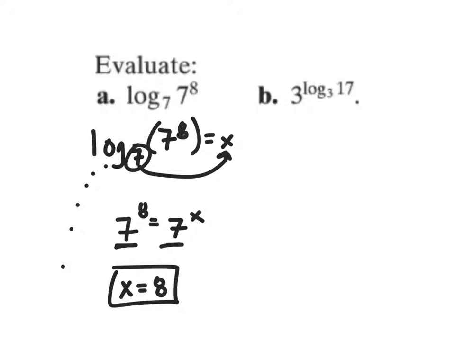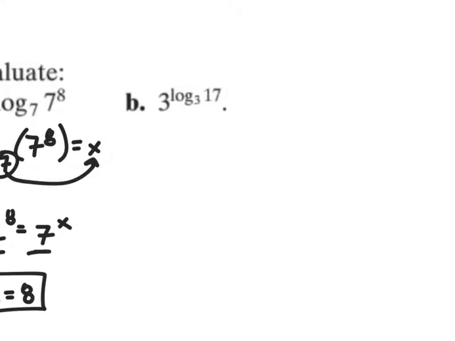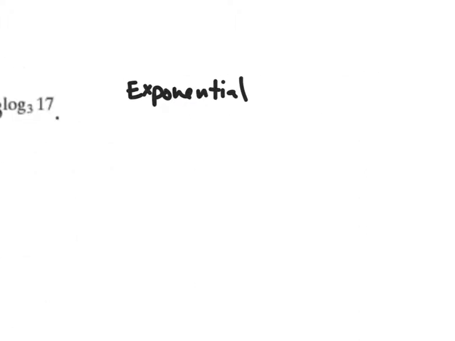Part B is a little bit weird, and the reason why it's weird is because I have a log within an exponential. So remember that exponentials and logs have a relationship. They are inverses of each other.